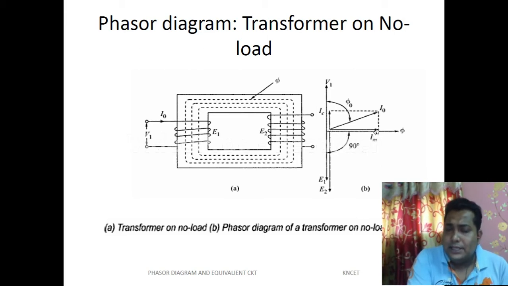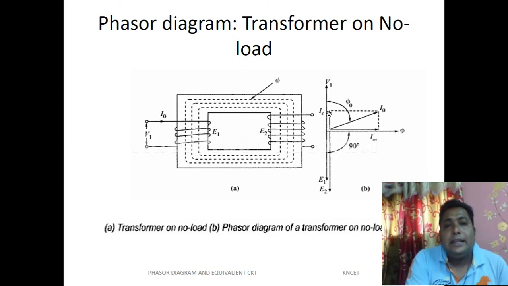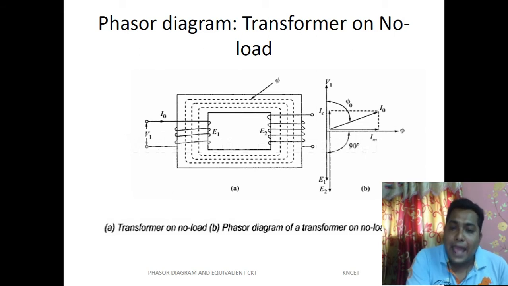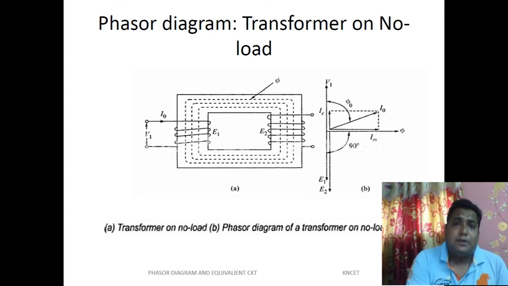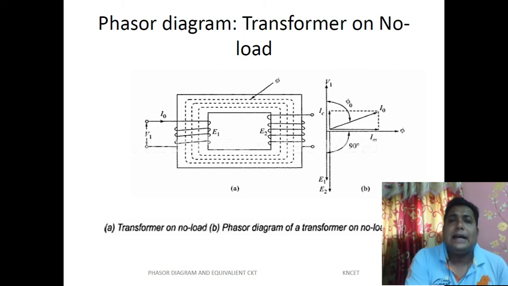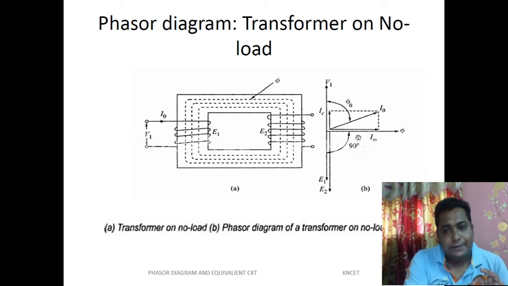Clear? Once again, from this current Im we have drawn V 90 degrees leading, as we are assuming that this Im is totally responsible for the flux generation, and flux is generated in the inductive coil, so the inductive property is there. In an inductive property, the angle between voltage and current is 90 degrees, correct? So that's why we have drawn it there.